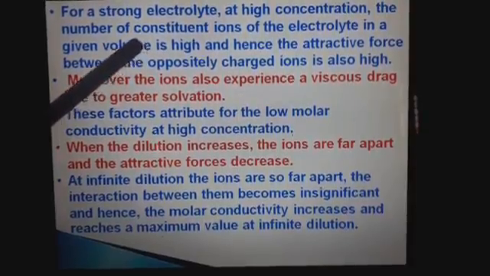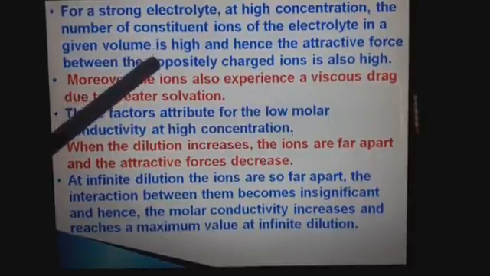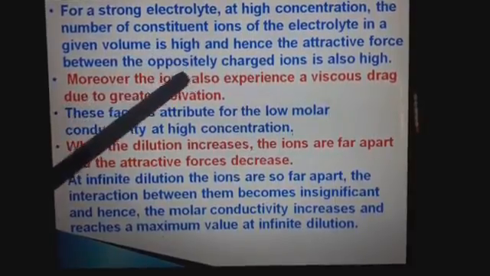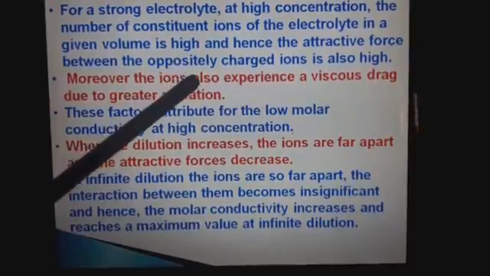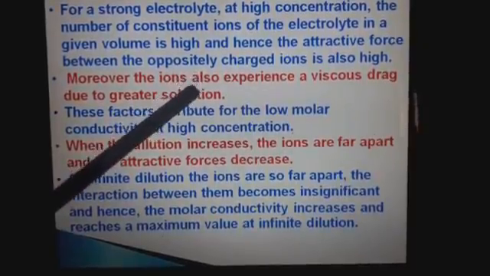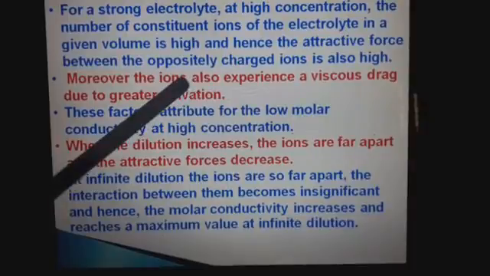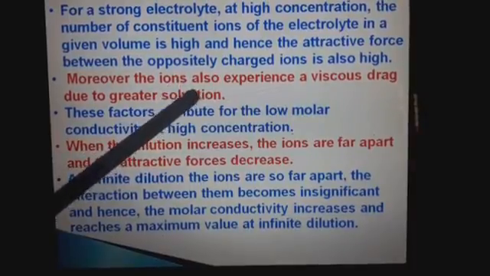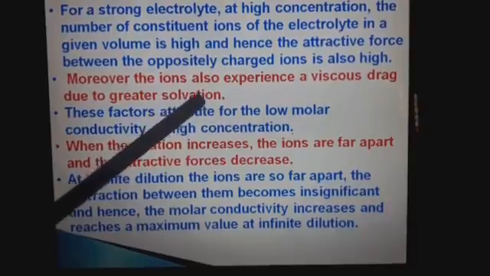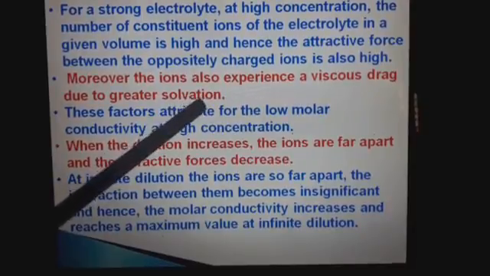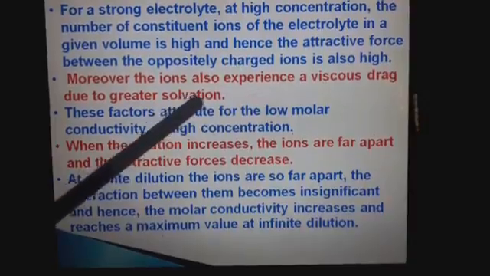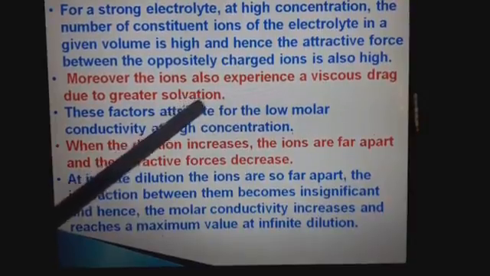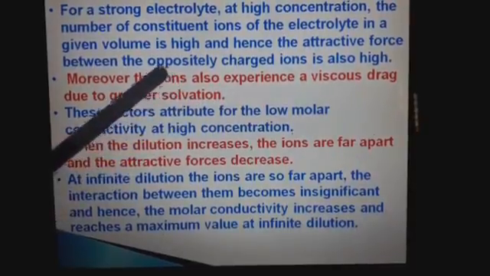Understand? The given volume has many ions, and hence the attractive force between the oppositely charged ions is also high. Positive ions surround negative ions and negative ions surround positive ions. The attractive force between anion and cation is strong in concentrated solution, so the conductance is less. This is a very important conclusion.